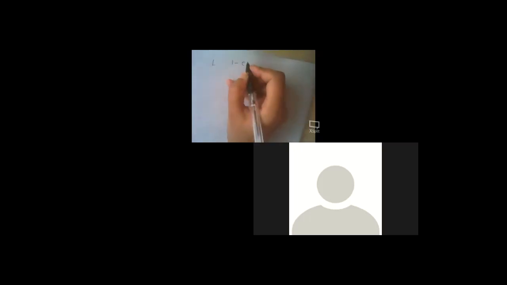Now see this example. I want you to find the Laplace transform of (1 minus e to the power minus at) upon t. So first I will do it for the numerator. What is the Laplace transform of 1 minus e to the power minus at?